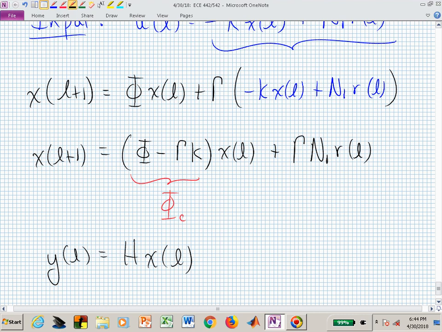Now, if we tell the system where to go, if we say, I want you to go to 10, and we're happy with how it gets to 10, we want it to lock on to 10, what do we know about the steady state behavior of our system?